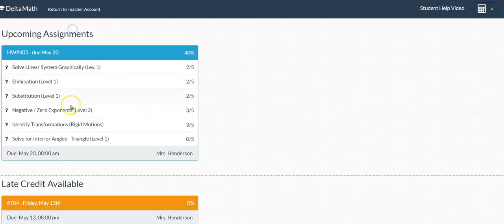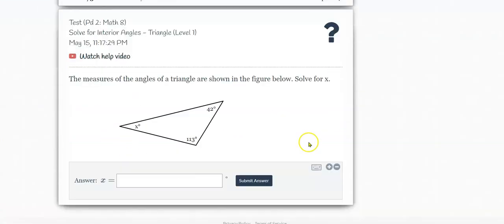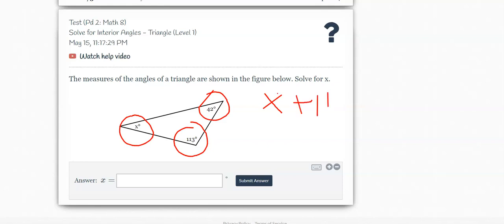All right, great job. Let's take a look at this last one. Solve for interior angles. Do you remember the sum of the angles rule? All three of these angles need to add up to 180 degrees. So x plus 113 plus 42 equals 180.